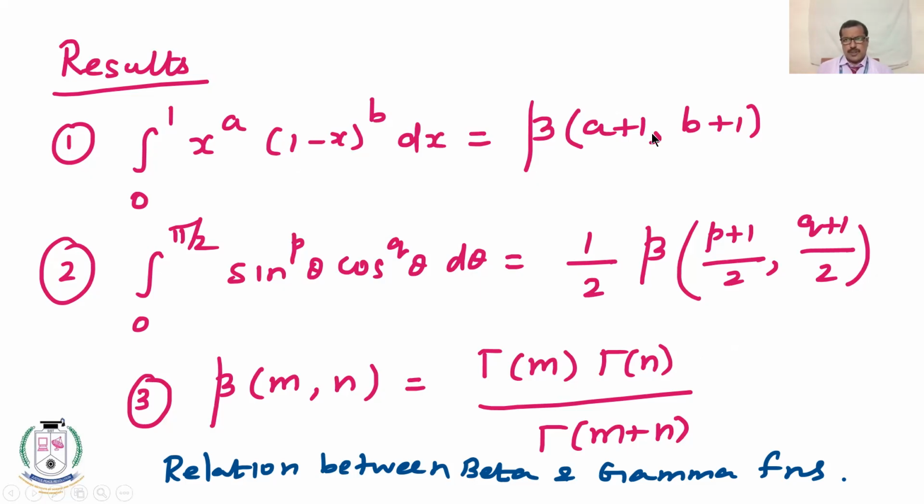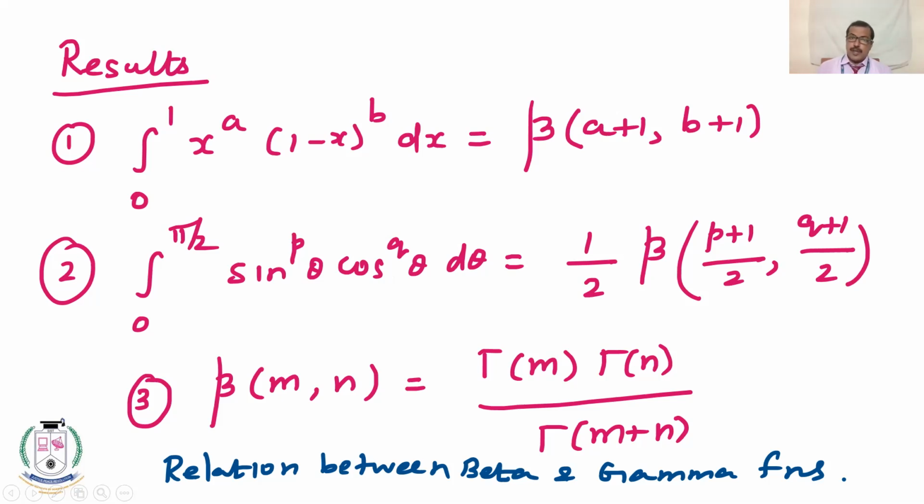Integral 0 to pi by 2 sine power p theta cos power q theta d theta is equal to 1 by 2 beta of (p plus 1) by 2 comma (q plus 1) by 2. Directly, these two results are derivable from the two forms we discussed in the previous slide.